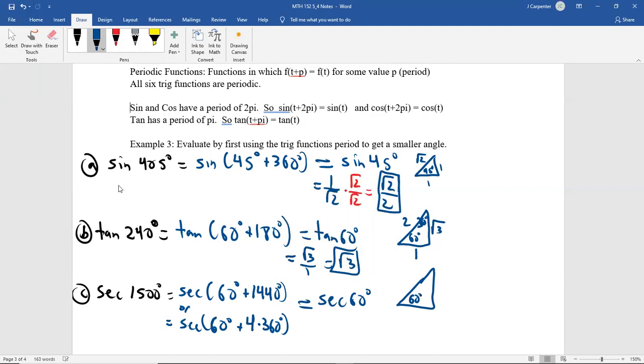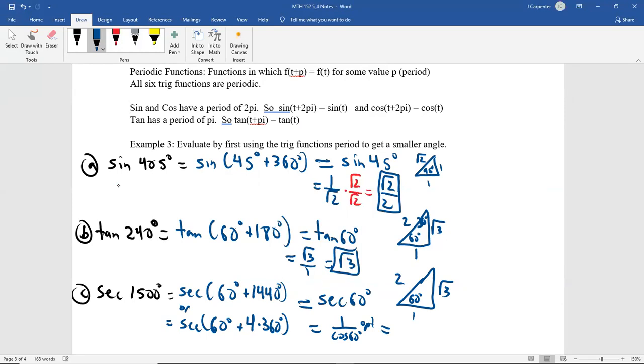Here's 60 degrees, which says same triangle as last time. Square root of 3 goes here, 2 goes here, 1 goes here. Maybe you want to do this: secant is the reciprocal of cosine, 1 over cosine of 60 degrees. That's an optional way. Or you can just remember, okay, well, cosine is adjacent over hypotenuse, so secant is hypotenuse over adjacent.